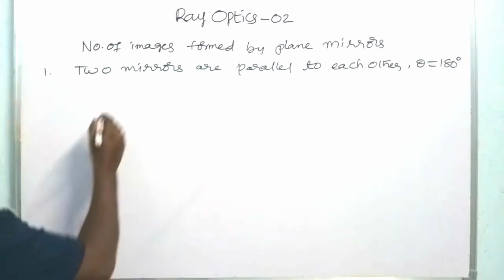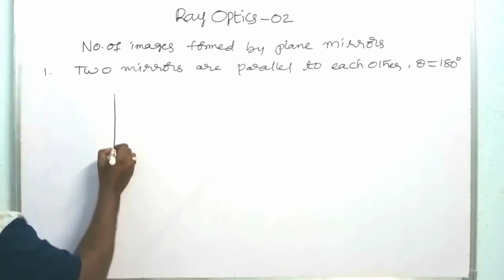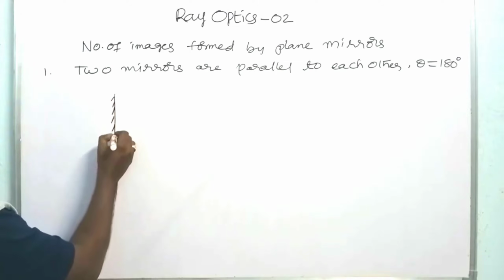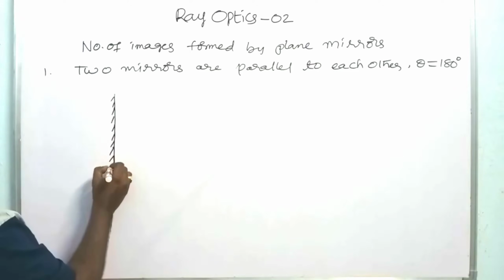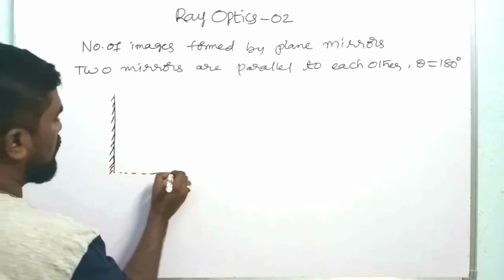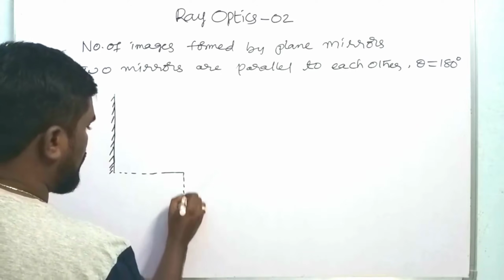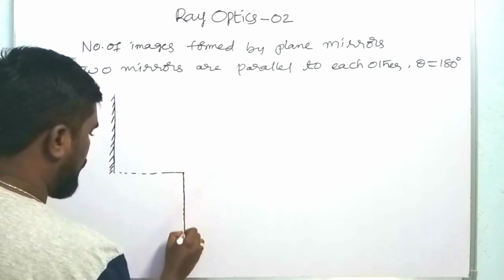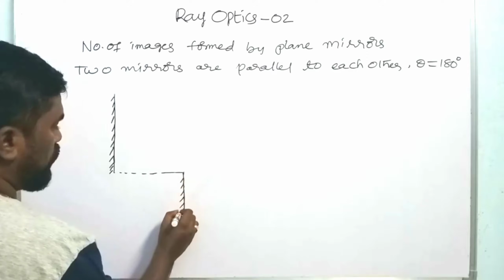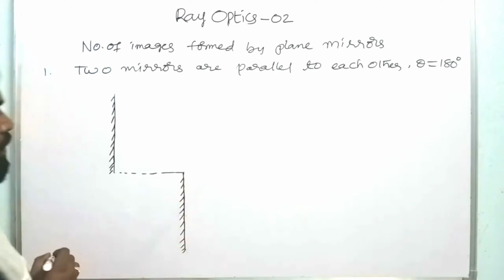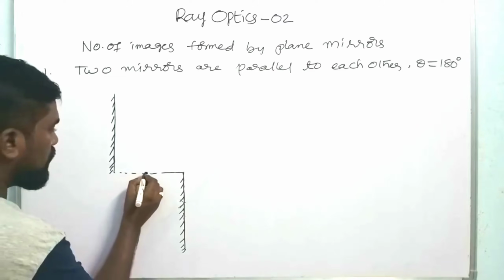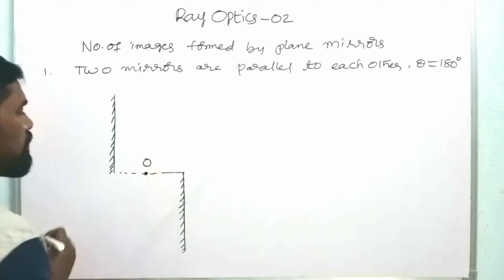Here this is one of the mirrors, M1. And here there is another mirror, which is M2. Just simply, here there is an object.